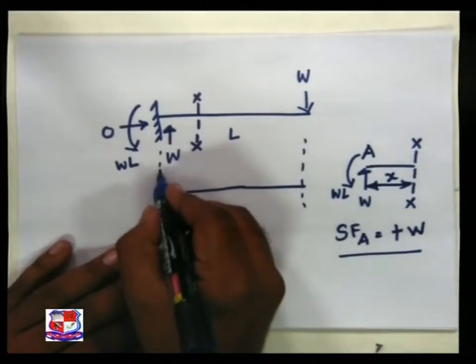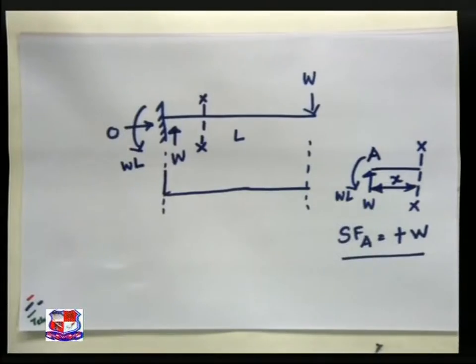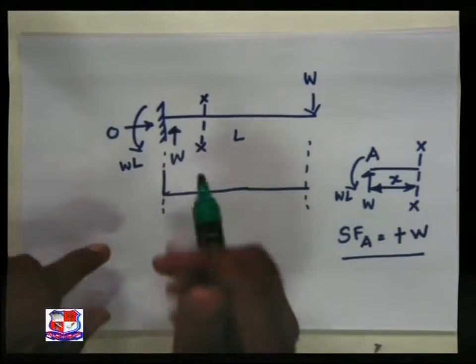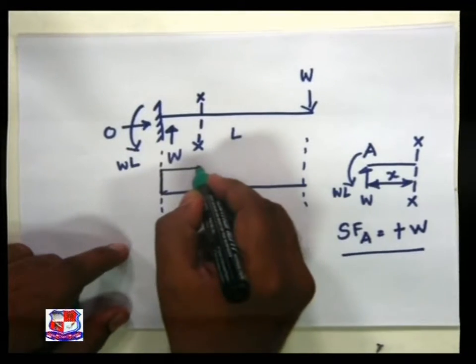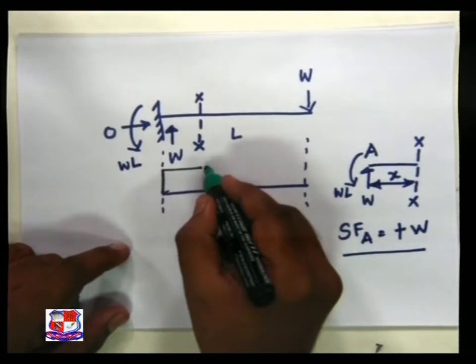So if we plot over here, up to X, the value is W, as there is no load acting throughout.